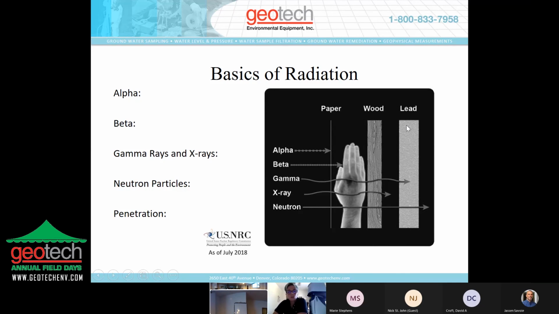So most of the XRFs are actually shielded by lead. And then there's neutron particles, or those nuclear density gauges. Those are the only instruments that we use or probably encounter in our field here that have this high of a penetrating X-ray.